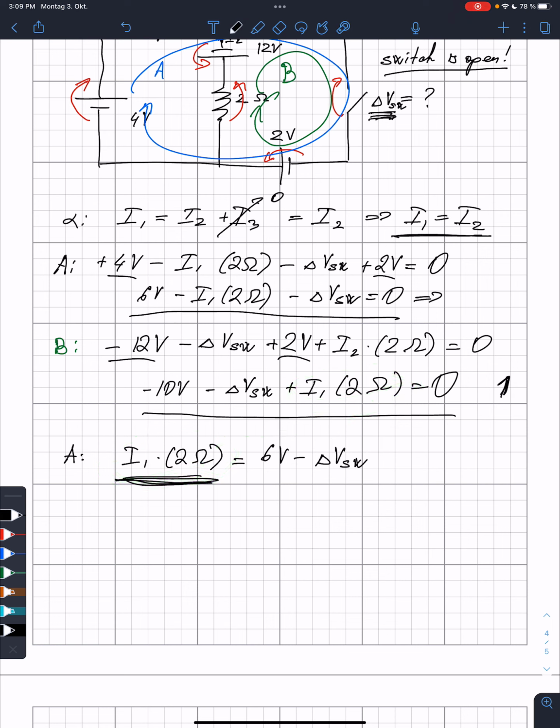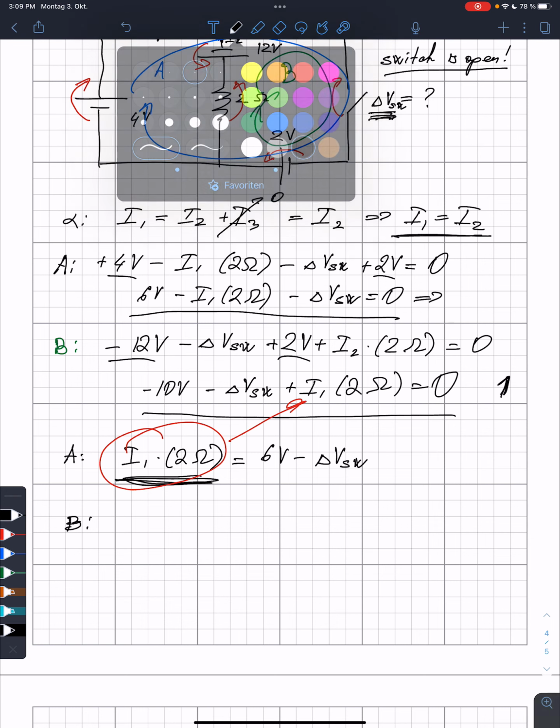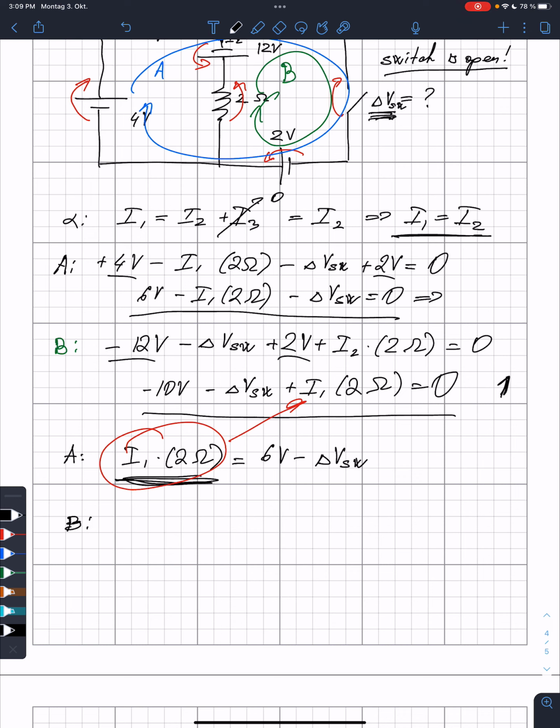So from equation B I obtain negative 10 volts minus delta V switch, plus 6 volts minus delta V switch, equals 0. Now I can simplify.